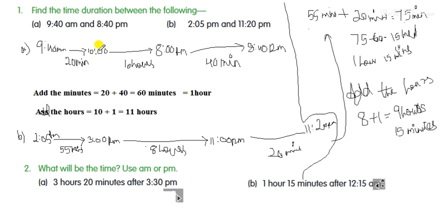So the duration between 2:05 p.m. to 11:20 is 9 hours 15 minutes.